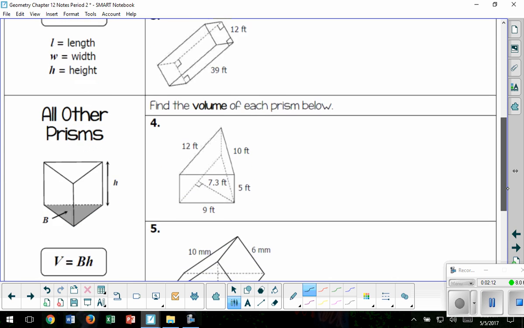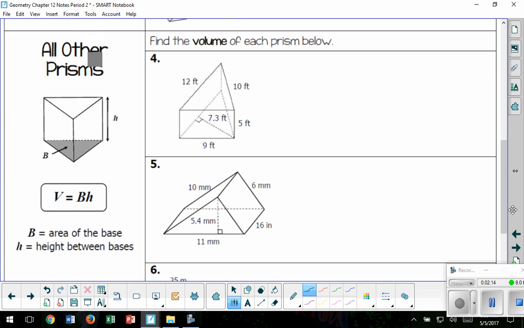But if we move down to all other prisms, let's change that big B, like we usually do.